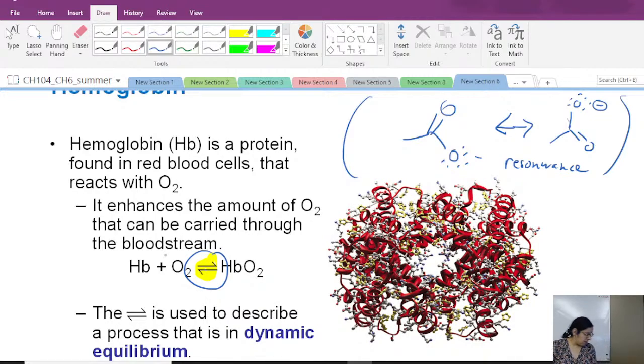But let's look at this reaction more in depth. What it's saying is, in your lungs, your lungs take in a lot of oxygen, so it's a high oxygen environment, so it's going to favor the production of this conjugated hemoglobin oxygen. Then that leaves your lungs and floats around to your leg or wherever. And now your leg has already used up all the oxygen, so there's not a lot of oxygen there.